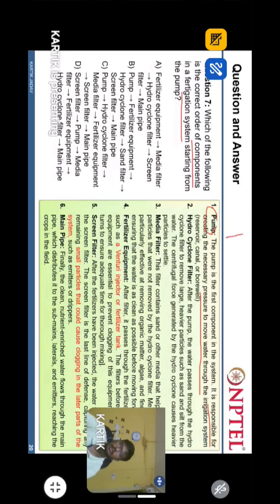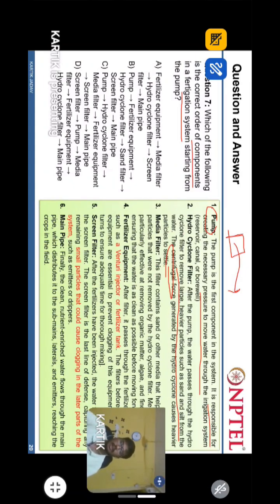From the source water, we divert water to the hydrocyclone filter, and that we use to remove large impurities, heavier particles such as sand and silt from the water by centrifugal force. Next to that, we have the media filter.